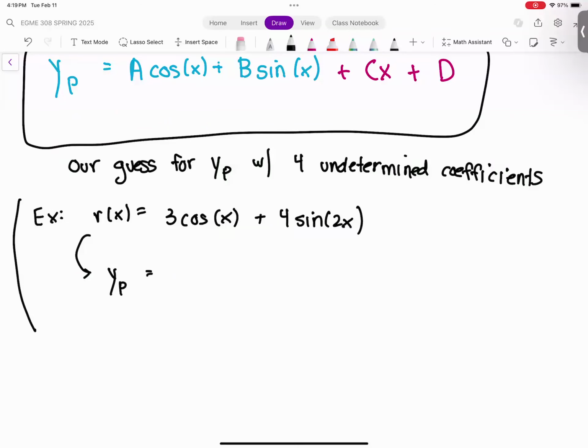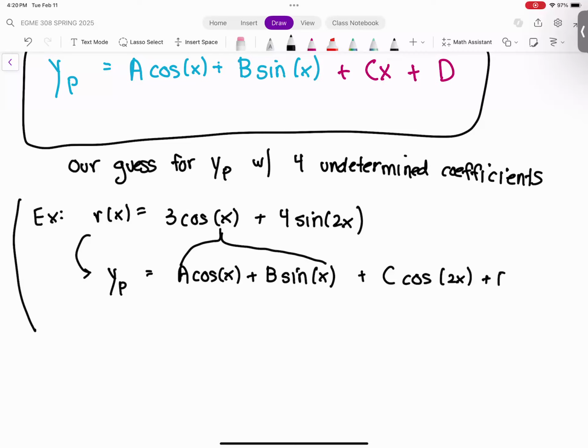So your yp is going to be a cosine of x plus b sine of x. This would be the guess that corresponds to this term here. But then you also need sinusoids that match the frequency of the other term as well. So you have c cosine of 2x plus d sine of 2x. And these two would correspond to these right here.